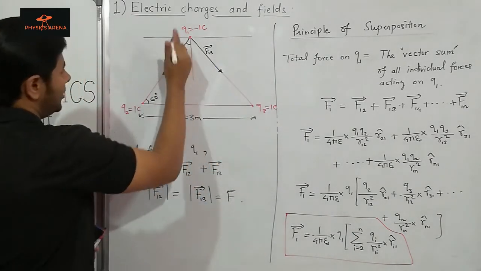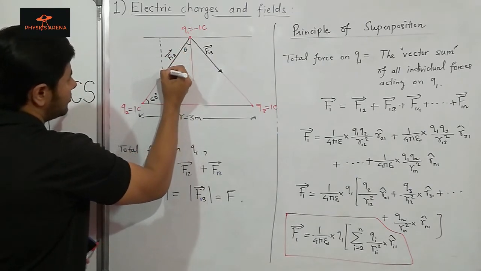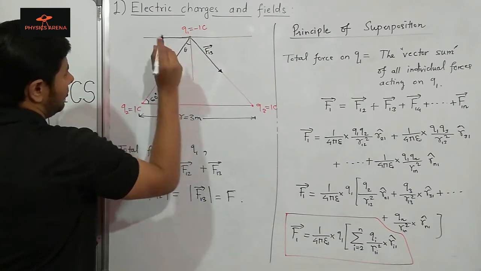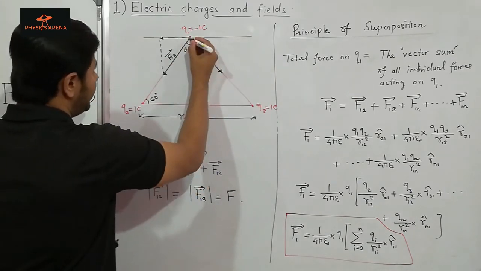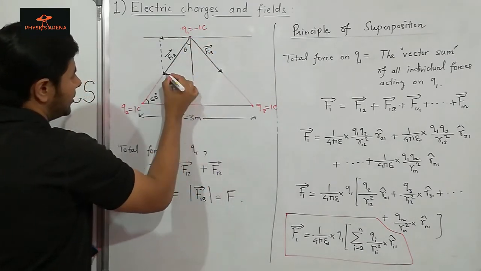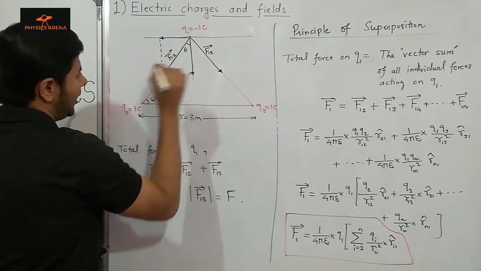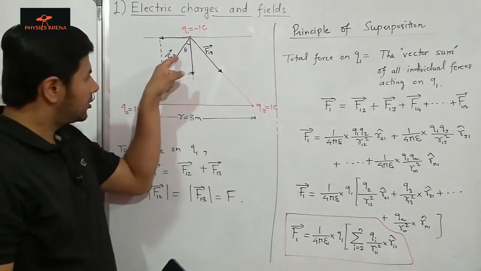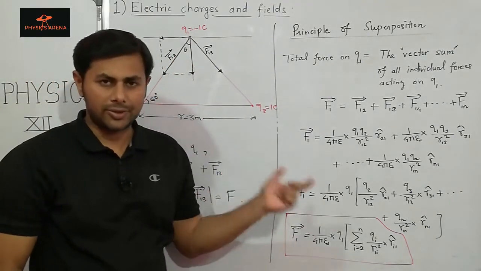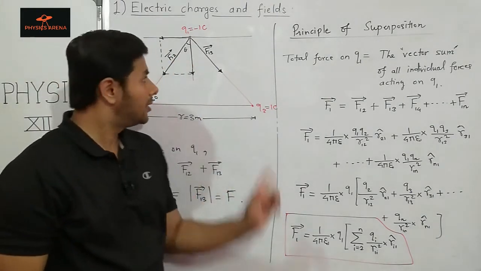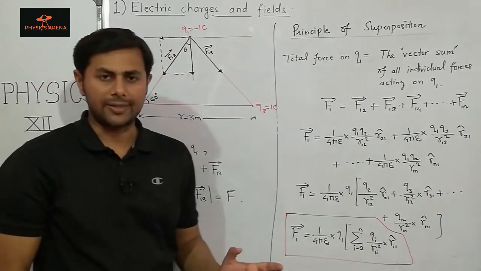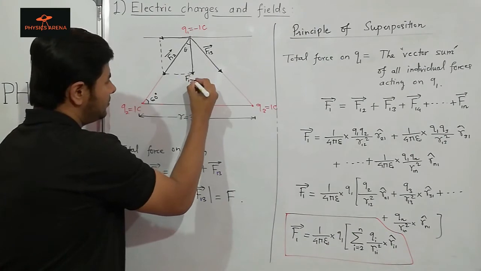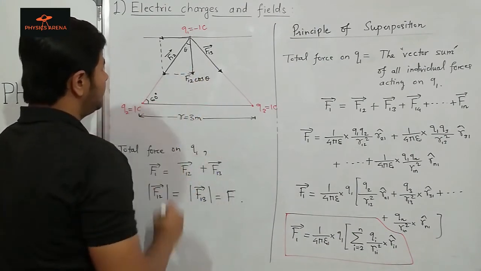So for F12, this component will be F12 sine theta, and this component will be F12 cosine theta. So we can remember it this way: through the angle, cosine component, and away from the angle, sine component. So this component will be F12 cosine theta.